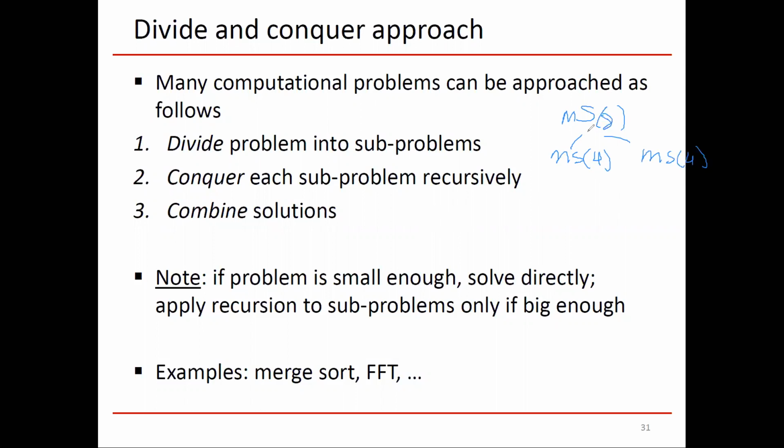So once we provide a function call to merge sort of 4 for the first part, merge sort of 4 for the second part, maybe it'll continue running recursively, maybe not, maybe it'll be a basis case. And after that, we combine the solutions with the merge routine. If the problem is small enough, we solve it directly, else we apply the recursion to subproblems, but only if it's big enough. We saw the merge sort example. Another example is the fast Fourier transform, and so on.